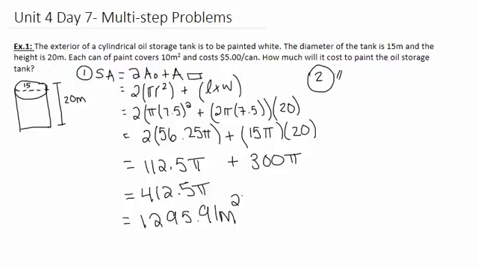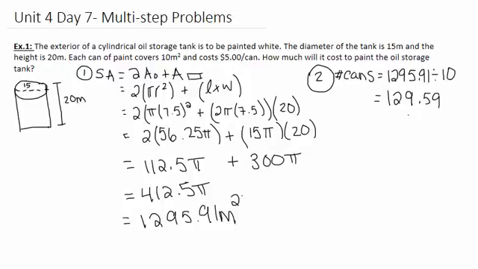So the number of cans is going to equal 1,295.91 divided by 10, which is equal to 129.59.